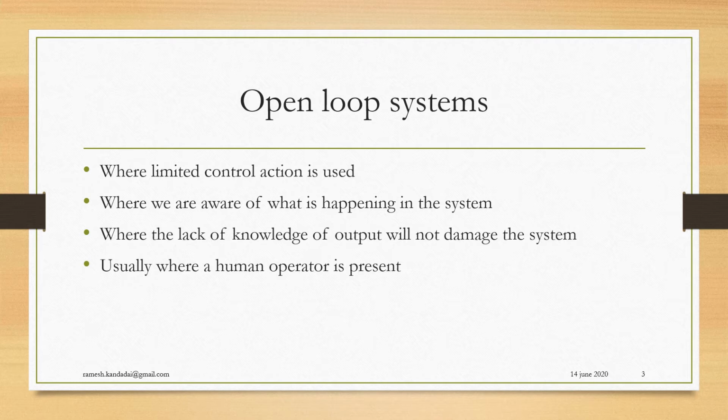Normally, open loop systems are where potential for damage is very low, and they are also where a human operator is present and he provides the feedback control by watching the output, taking corrective action as and when required. A typical example is the ceiling fan example that we looked at in earlier lectures.